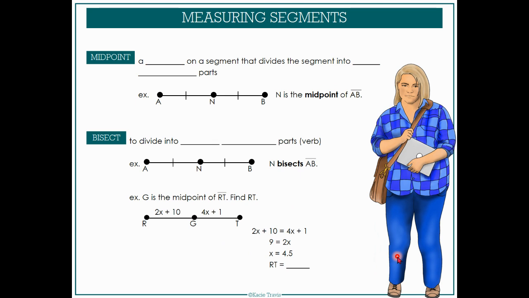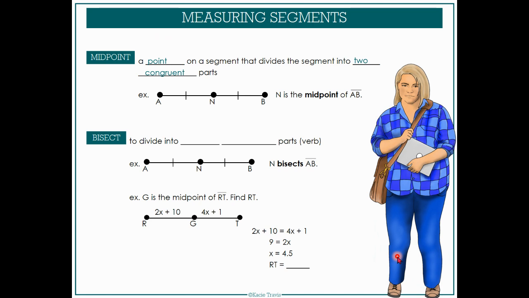All right. Now, along with the segment addition postulate, we got some other bits of vocab that we got to talk about. So let's talk about the midpoint and the word bisect. So a midpoint is a point on a segment that divides the segment into two congruent parts.